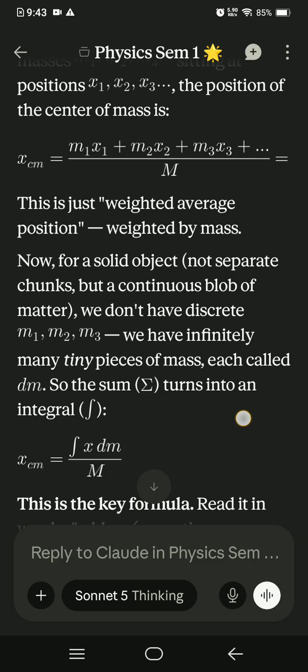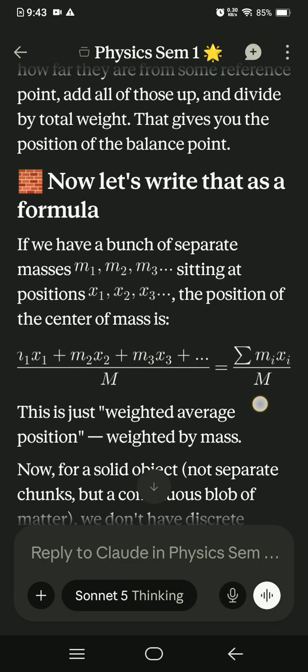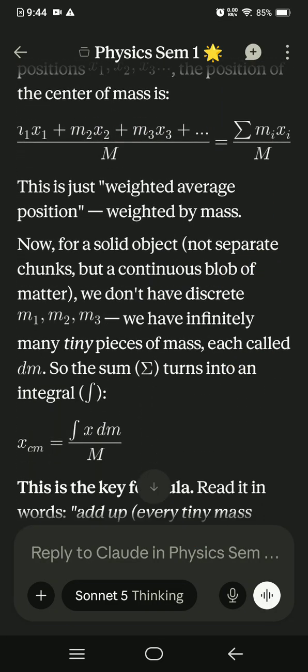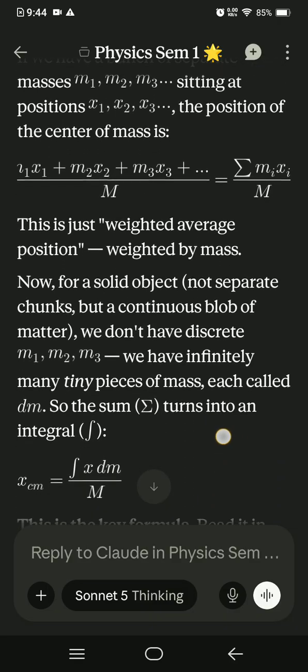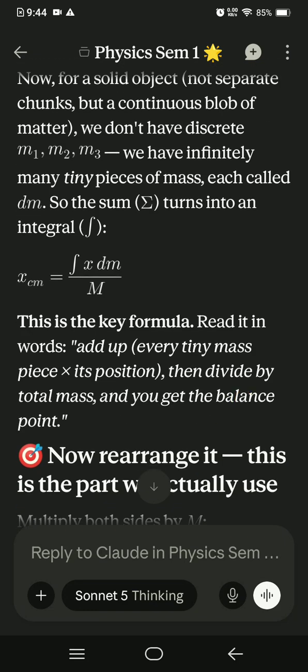So the summation turns into an integral. So now this mi xi becomes dm, and x is the same. Okay, so this is the key formula. Read it in words.